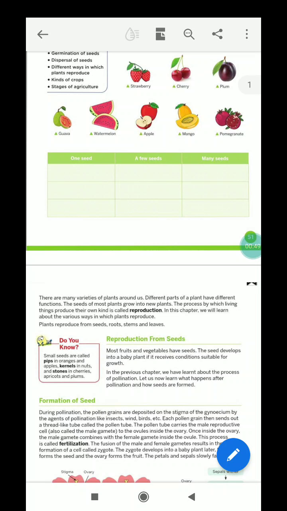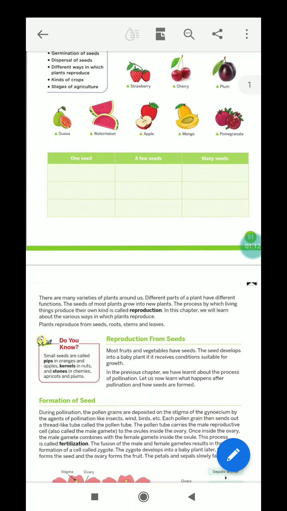Okay, now, we have already read about the reproduction in plants. They may vary from different parts from different plants. There are many varieties of plants around us, as we know. Some are very small, some are very large, some are very big.